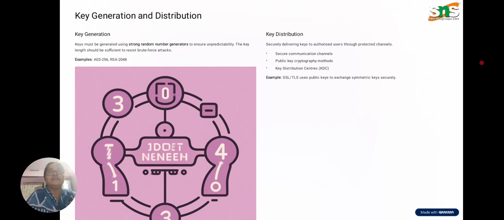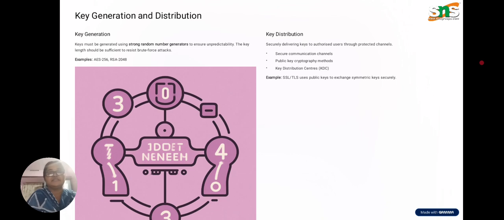Now let us see how the keys are created and shared. For key generation, keys must be generated using strong random number generators. This ensures that keys are unpredictable and hard to guess. For example, we can use AES and RSA algorithms with key sizes like 256 and 2048. Likewise, the numbers can be opted.